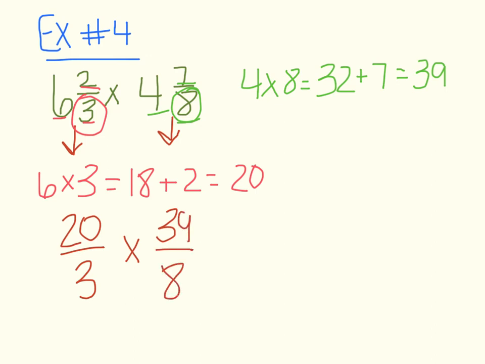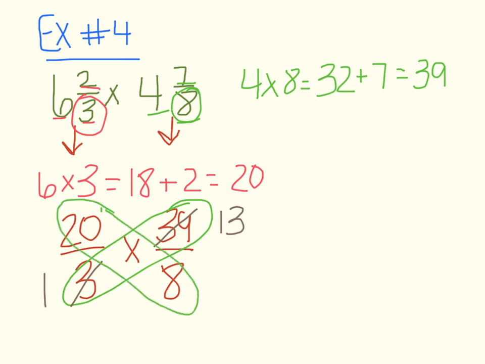Now I can reduce both of these. So 39 and 3 can both be divided by 3. 3 divided by 3 is 1. 39 divided by 3 is 13. Then I look across the other way. 20 and 8 can both be divided by 4. 8 divided by 4 is 2. 20 divided by 4 is 5.